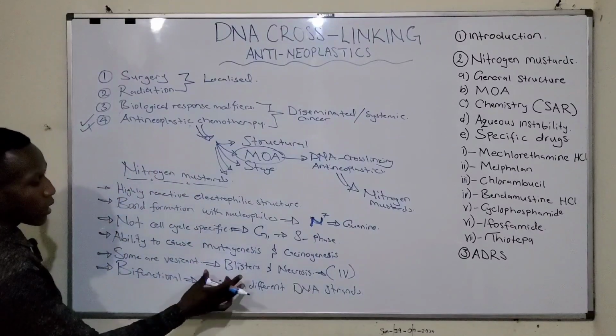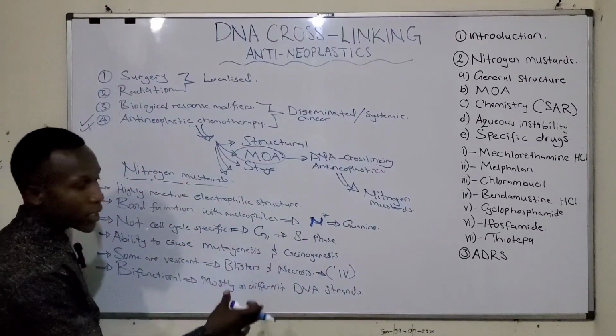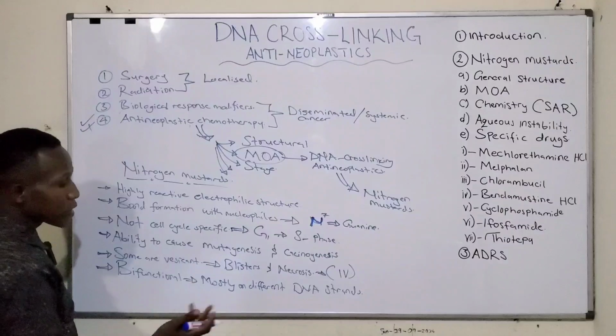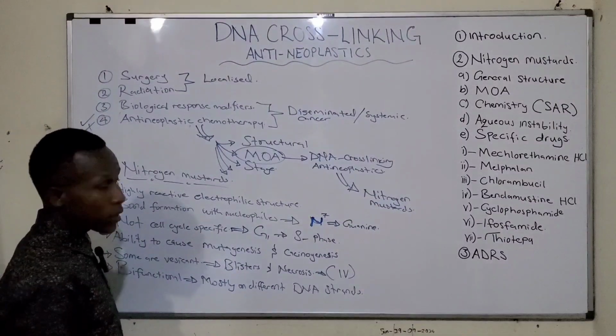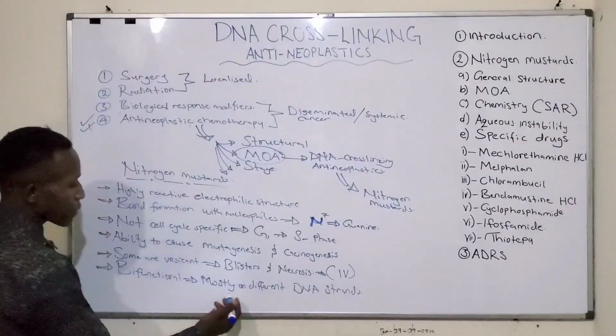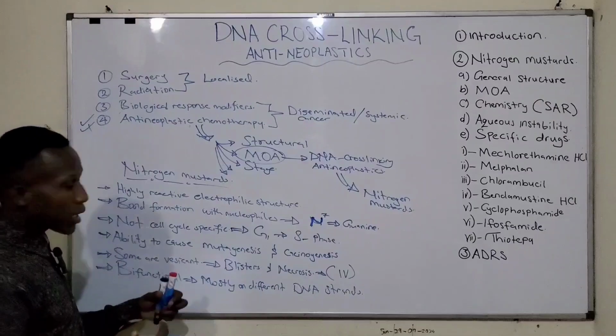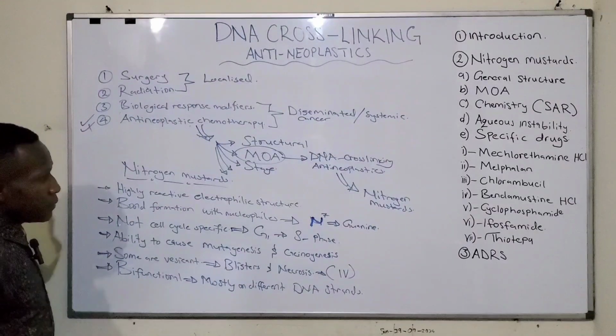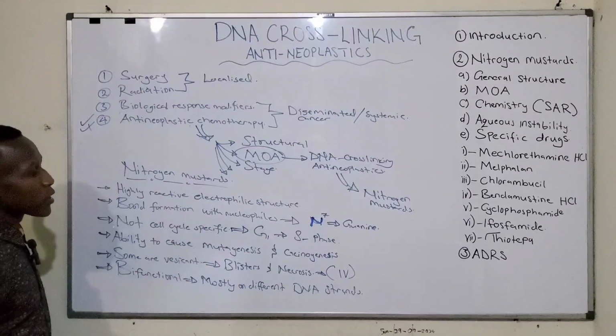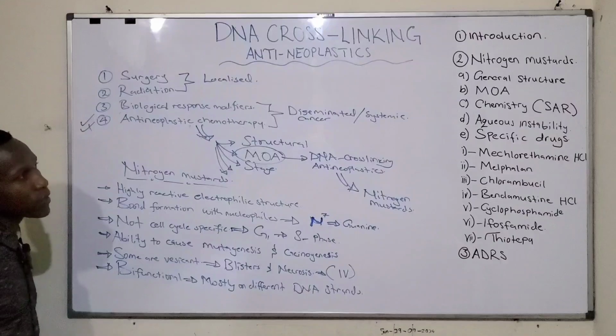It can be two guanines from the same DNA, or guanines on different DNA. Hence, they are cross-linkers. These are the few things we need to know about the nitrogen mustards.